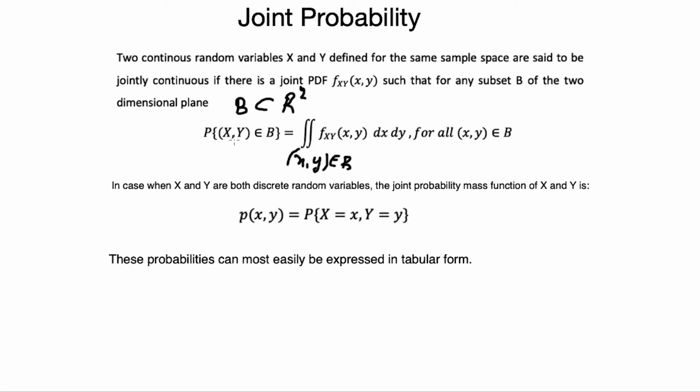This is the probability of (X, Y) in B, and it is called the joint probability, and we can get it from the joint PDF of X and Y.